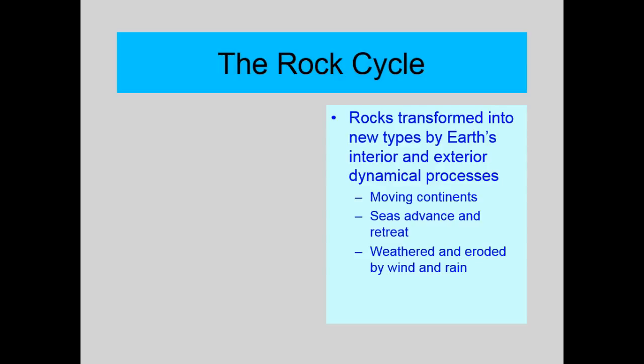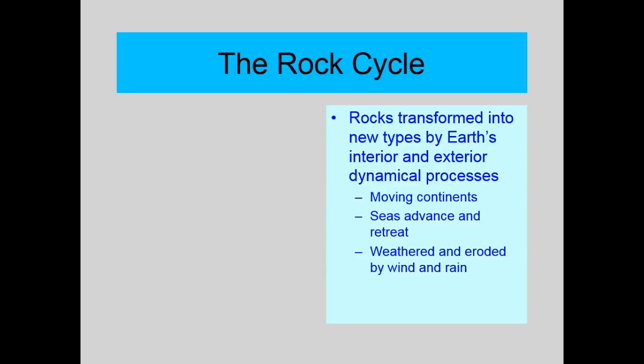Rocks live in cycles. Rocks are transformed into new types by the Earth's interior and exterior dynamical processes. The Earth is always changing. Slowly, but changing. Out in Hawaii right now, it's going pretty fast.